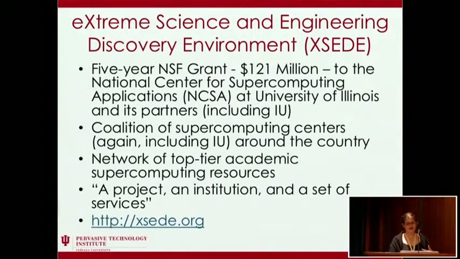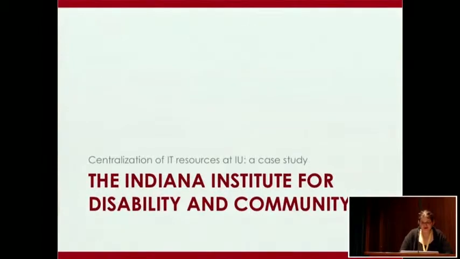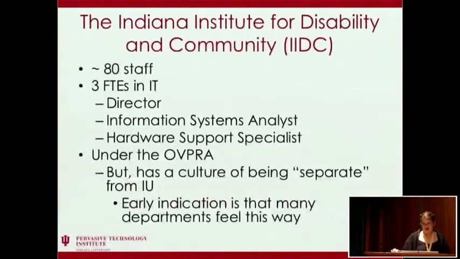And then finally, I want to finish up today by talking about a small department here at Indiana University that just recently completed its centralization efforts. The Indiana Institute on Disability and Community is a small department under the OVPRA, that's the Office of the Vice President for Research Administration.